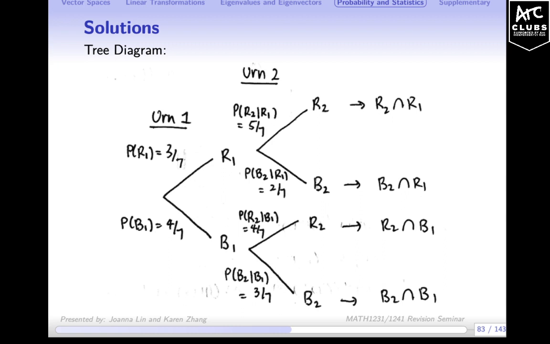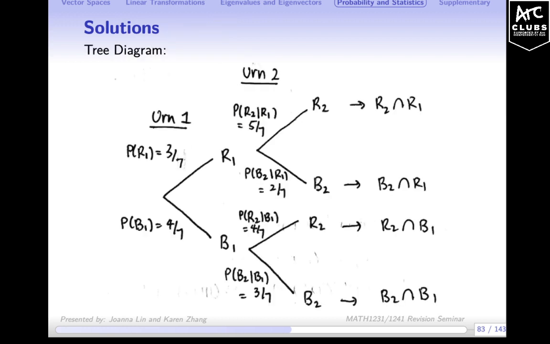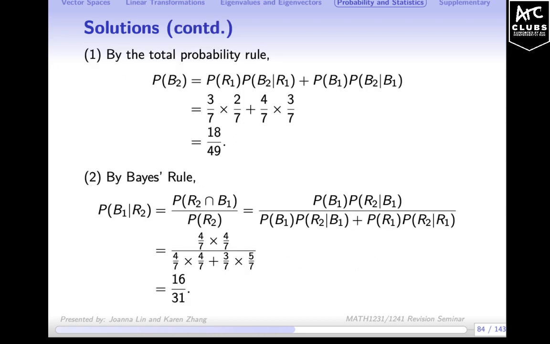By multiplying the branches, I have this equation right here: 3 on 7 times 2 on 7, plus 4 on 7 times 3 on 7, which is how I get my probability. It's really confusing sometimes when you look at the actual formula, but when you go through your tree diagram, it's pretty self-explanatory. So I think you guys should be okay with this.